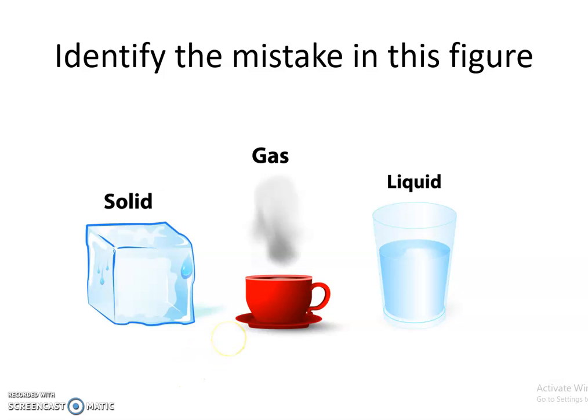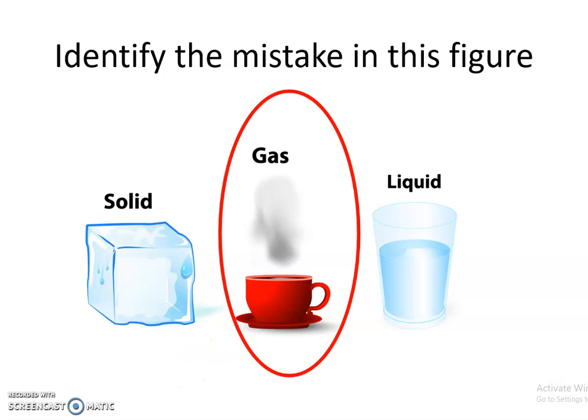Yes, what you have guessed is perfectly right. This gas is not very appropriate. Instead, we should have written it as vapor. So, what is the difference between vapor and a gas? Vapor is something which has been formed from the liquid state due to increase in temperature.